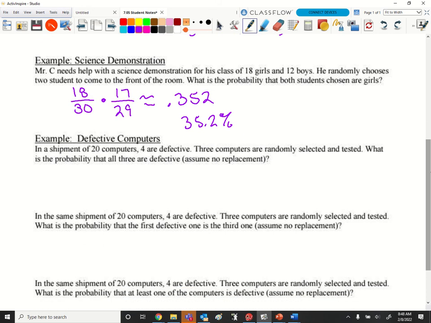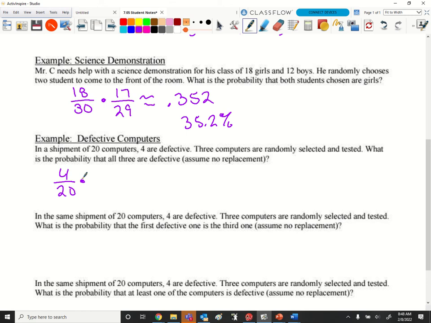So let's start off with probability that all 3 are defective. So the first one's going to be, what's the first probability of getting a defective computer? 4 out of 20. Now, it says all 3 are defective, so I'm going to pick another one. And so that next one would be 3 out of 19.